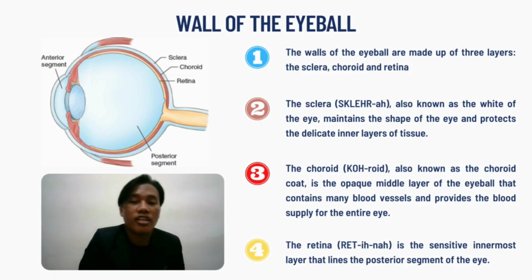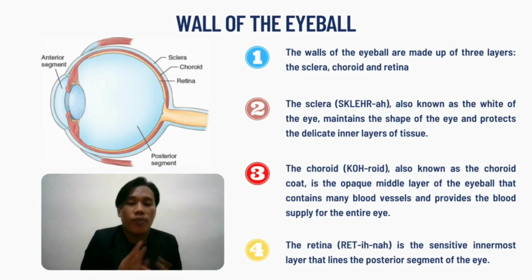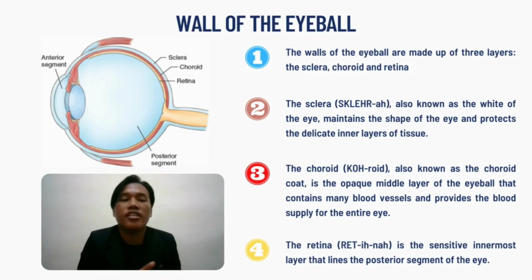And then the second layer, which is the choroid, also known as the choroid coat, is the opaque middle layer of the eyeball that contains many blood vessels and provides the blood supply for the entire eye. And opaque means that light cannot pass through the substance.